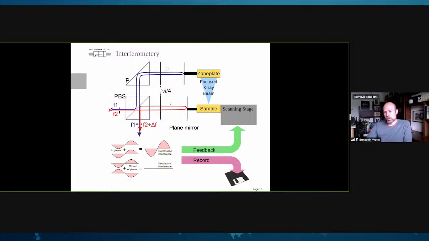So here we use something called an interferometer, where we bounce a laser beam off a mirror on the zone plate stage and off the sample stage. And then we recombine those beams to get interference. And from this interference, we can tell how these things are moving relative to each other. And so we can use that to give feedback to the scanning stage to hold the position better.